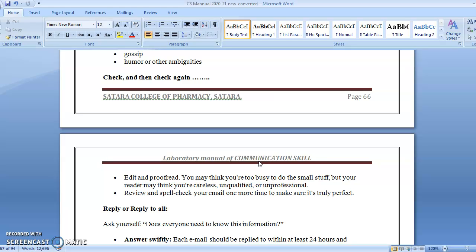Before you hit the send button, check your email for spelling mistakes, the addresses of your recipients, and whether your file is attached properly. Check these points before you hit the send button.